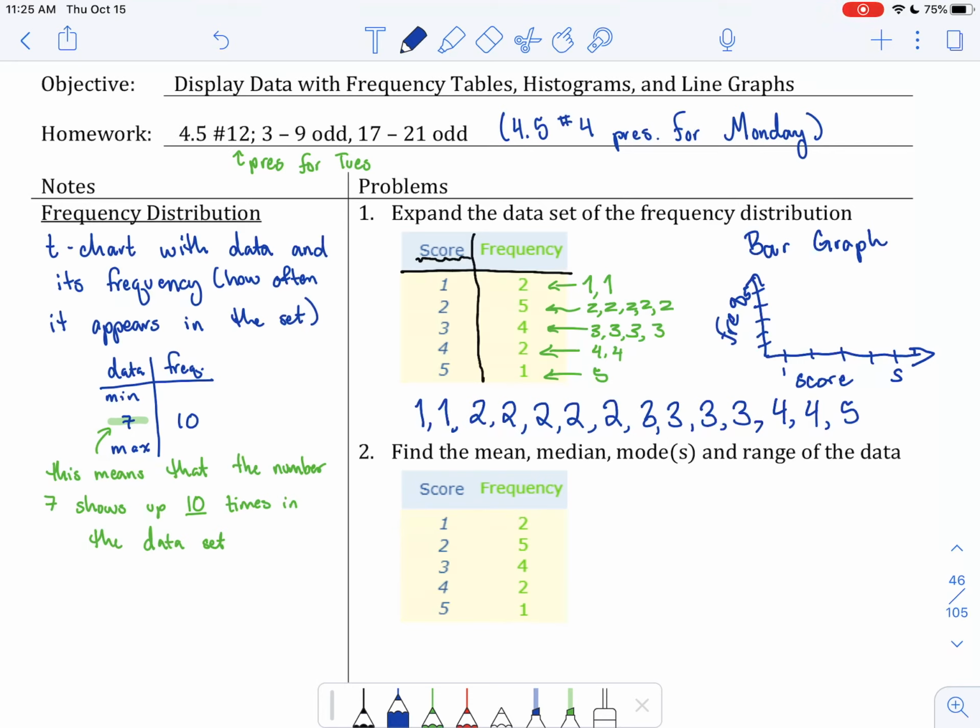Now a bar graph is going to just be centered around the number at the bottom, and will go up to the correct height. So if there's 2 1s, it would go up to 2.